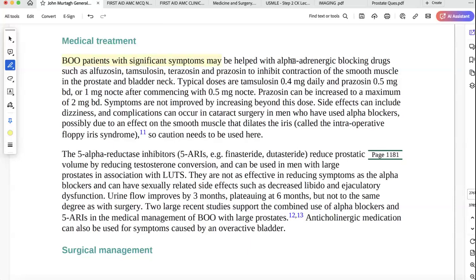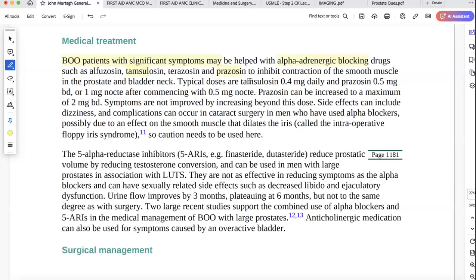So you can try alpha blockers such as tamsulosin or prazosin, which will inhibit the contraction of smooth muscle of the prostate and make the muscle of the prostate relaxed. If it is relaxed, then it will no longer press the urethra. So that's your initial treatment.